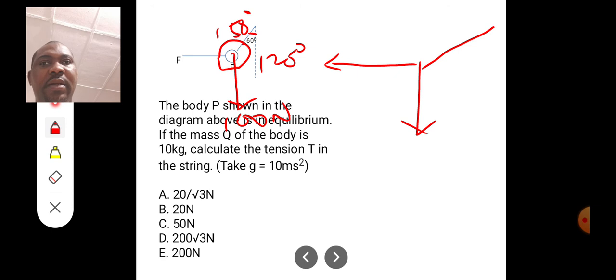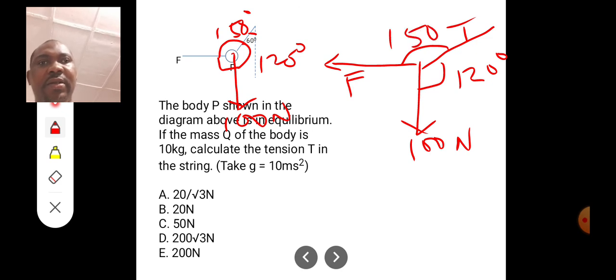So this is your F, this is 100 newtons, and this is your T, the tension. Here now is your 120 degrees, here is your 150 degrees, and of course here is 90.